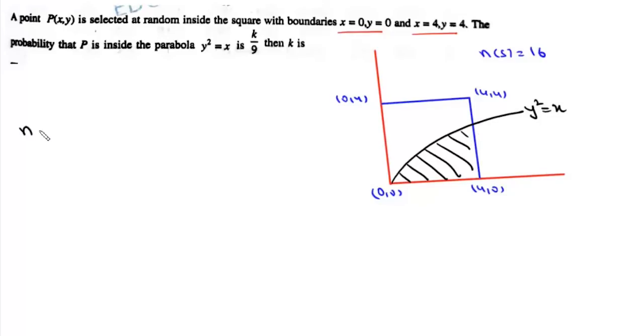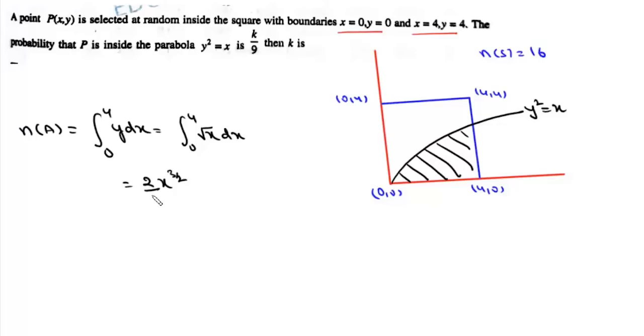So number of elements in this set is equivalent to area of this curve from 0 to 4. So we can write this as the integral from 0 to 4 of y dx. Now this is from 0 to 4 under root x dx. So it will be x to the power 3 by 2, and this is 2 by 3 from 0 to 4.